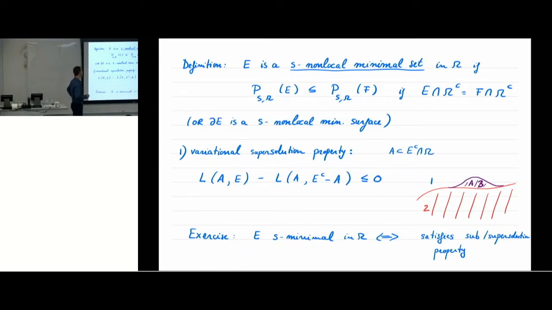Okay, what do we get? Let's think that omega is very large, and I create a small deformation to the set E inside omega. The deformation here is A, and let's say I make it outside of the set E. How does the perimeter change with respect to what I had before?